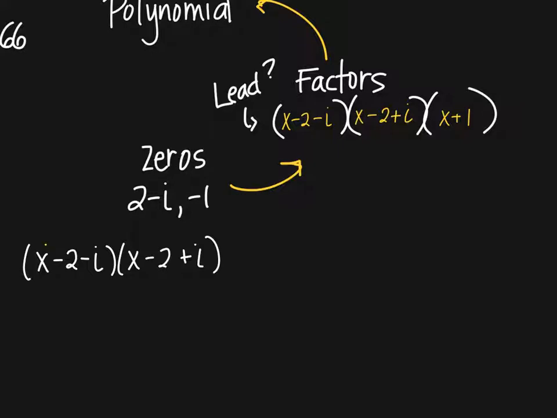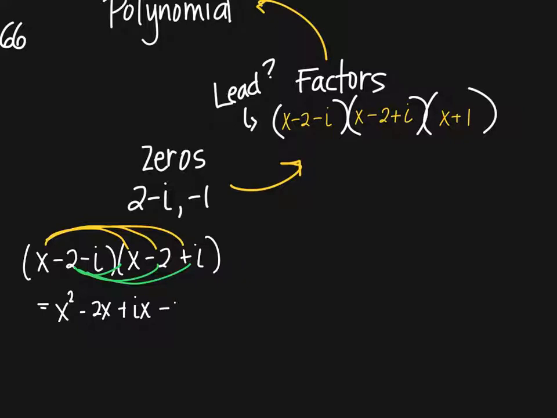I should get the first 3 by distributing the first x. That's going to give me x squared minus 2x plus ix. The next set of 3 is going to come from distributing the negative 2.